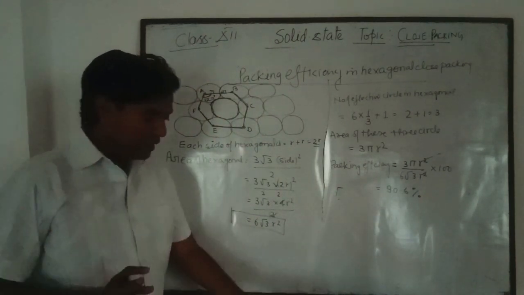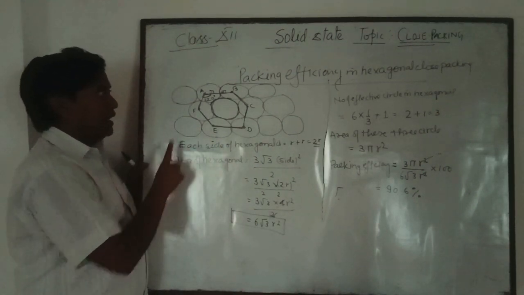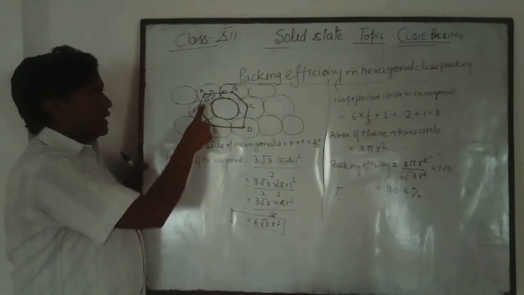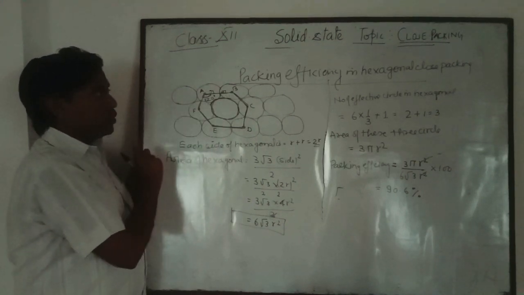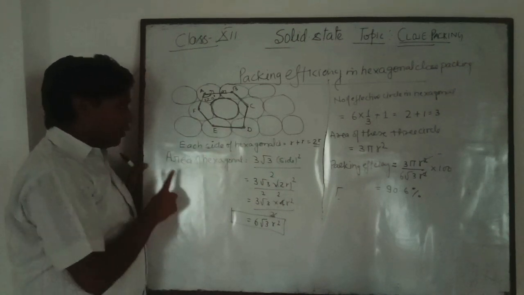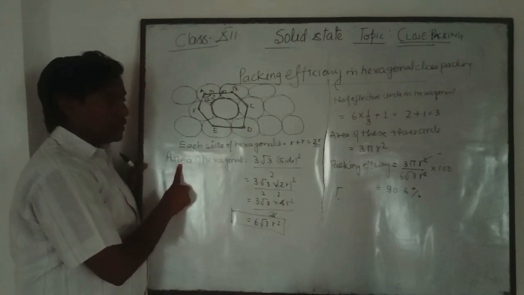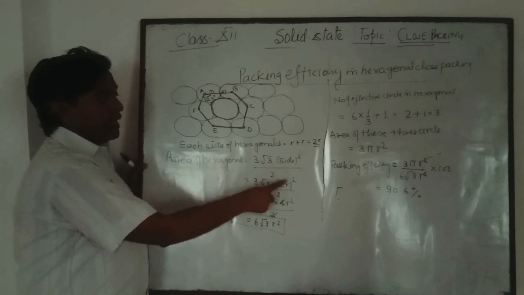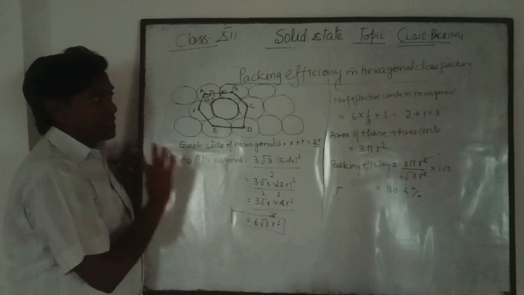Clear? But one thing I am going to tell: first go through this figure properly. In hexagonal close packing, the coordination number is 6, and these are the sides of the hexagon. Each side of the hexagon is equal to r plus r, and with the help of the side we can find the area of the hexagon. What is the formula of the area of a hexagon? 3 root 3 into side square upon 2. What is the value of the side? 2r. Then we get the area of the hexagon as 6 root 3 r square.